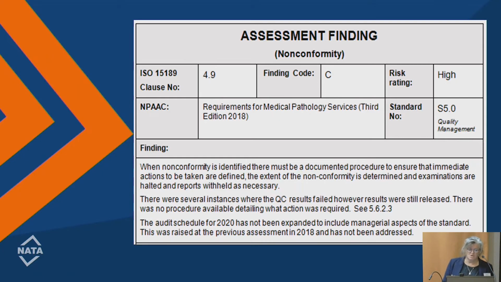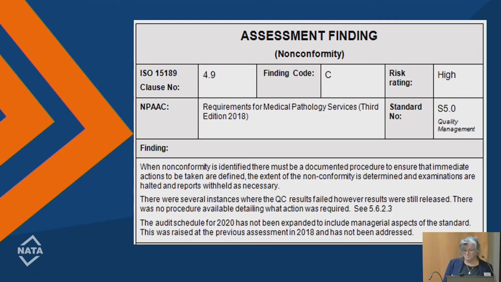The next one was when non-conformances are identified, immediate action has to be taken to rectify them, and the extent of the non-conformance determined, and examinations are halted and reports withheld as necessary. So within this, there were several instances where the QC results had failed, but nothing had actually happened and results were still being released.